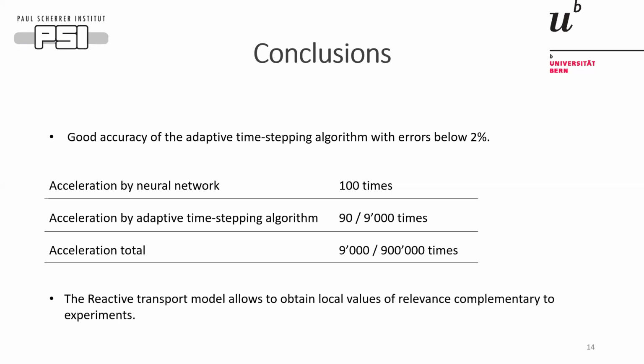The neural network accelerated the simulation by 100 times. So the total acceleration of the whole setup is by 9,000 to 900,000 times. This reactive transport model also gives us insights into local values of relevance, complementary to experiments or macroscopic models.